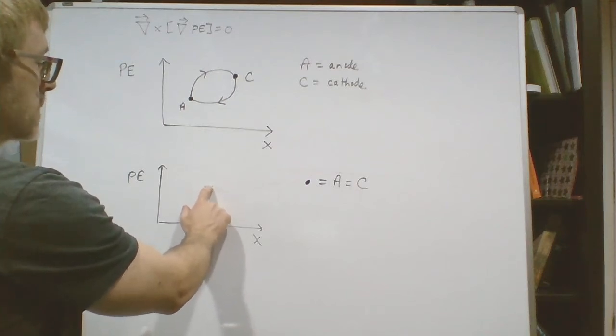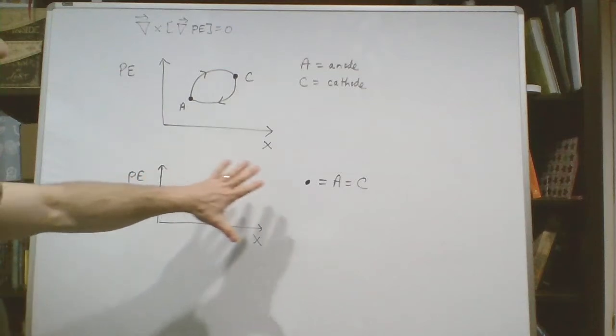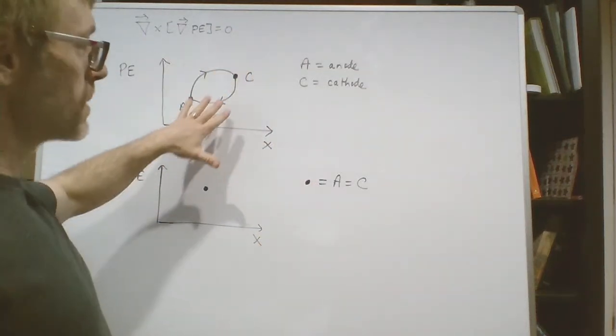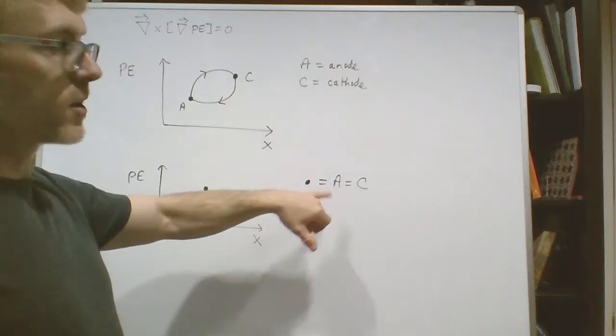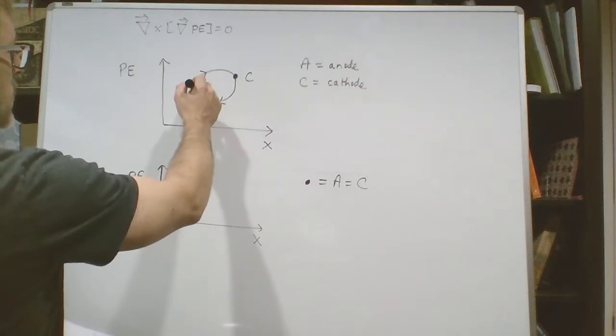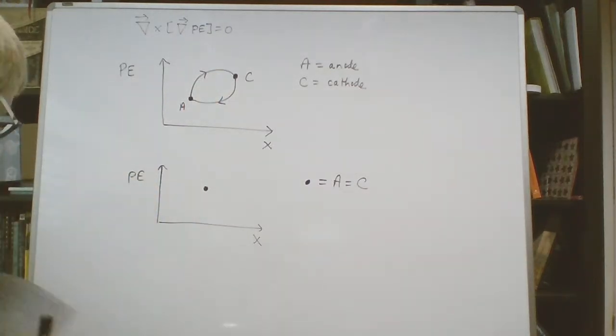So arguably that diagram is less useful. So if we compare this where clearly the anode and cathode are not on the same point in space versus where they are in the same point in space, then clearly when I look at a curl, which is a rotation, I have an area.